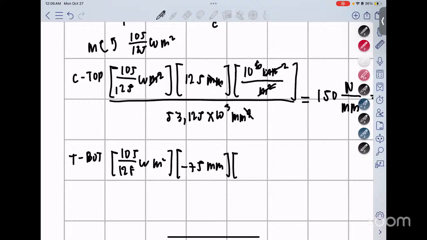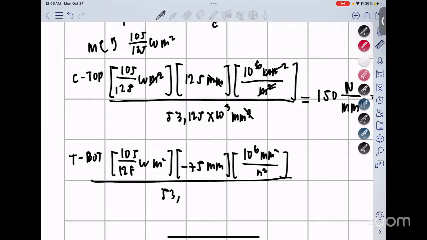And then the same conversion, 10 raised to 6 millimeter squared over meter squared, all over 53.125 times 10 to the 3 mm to the fourth, meter squared, meter squared.